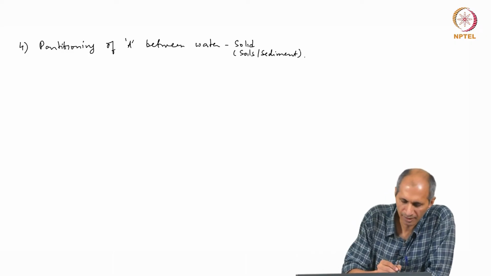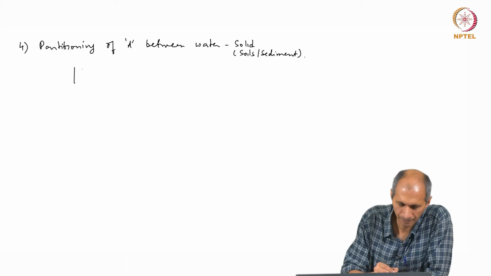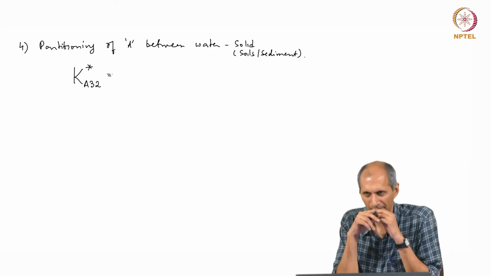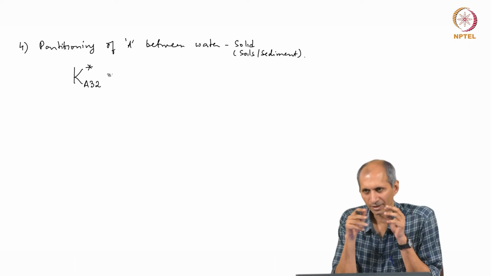So we can write this as Ka. I can write it as 3,2 arbitrarily. The general convention is people write this Ka number as a ratio of things.